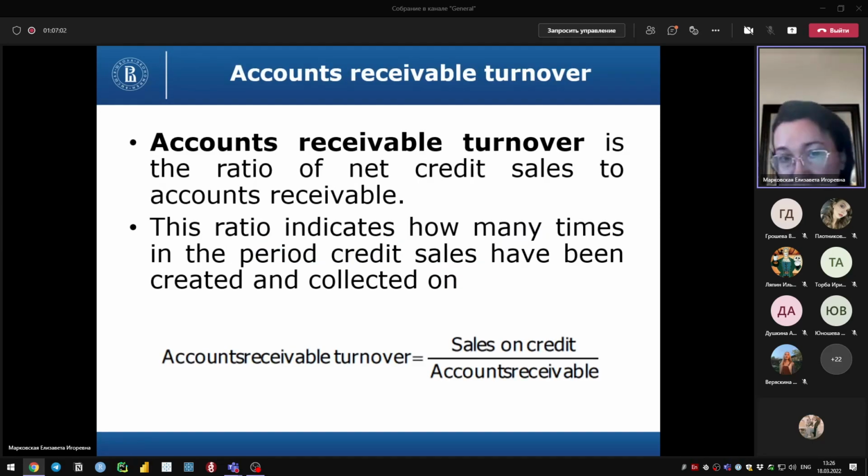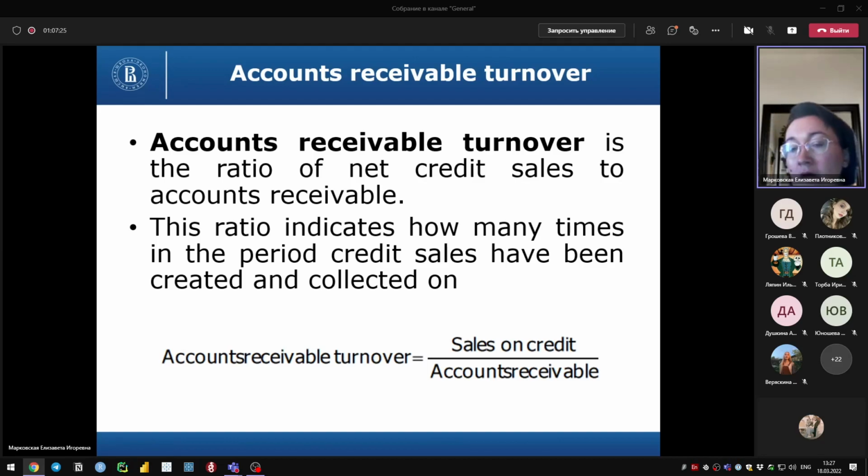Again, the same logic we will use in calculating the accounts receivable turnover. In order to understand how many times in a period credit sales have been created and collected, we have to use the following formula: sales on credit to accounts receivable.